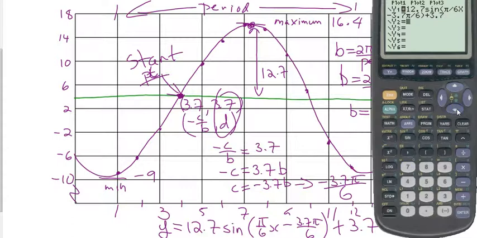I also like to graph midlines, so I'm going to go y2 equals 3.7. Let's go set our window. So we're going from 1 to 12. Actually, let's go 0 to 12, by ones, and negative 10 to 18 by twos, and the moment of truth.